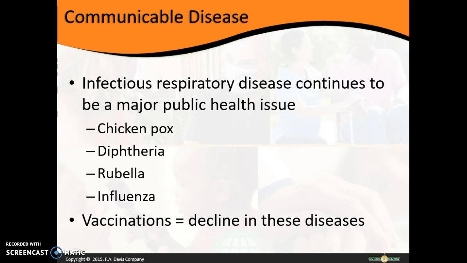So the potential for exposure in a room is a lot more with diseases that are airborne versus just droplet precautions. But these are a few of the key ones that deal with infectious respiratory. Probably the more prominent ones are chickenpox, diphtheria, rubella, and influenza.